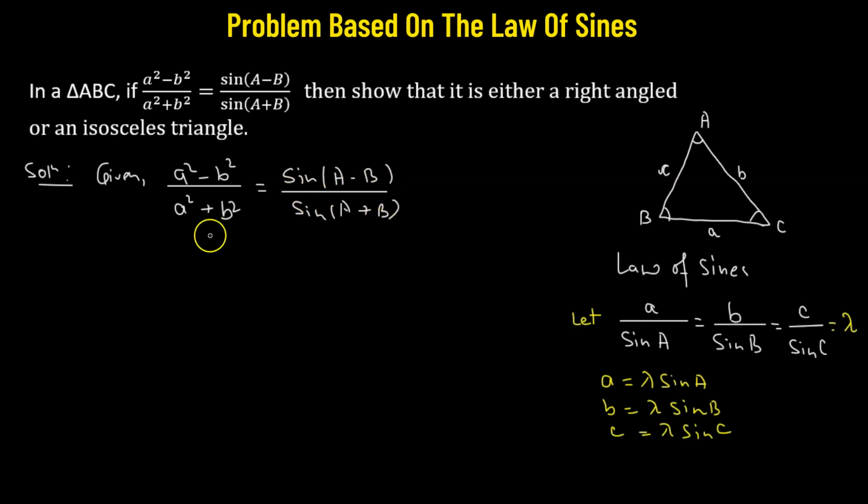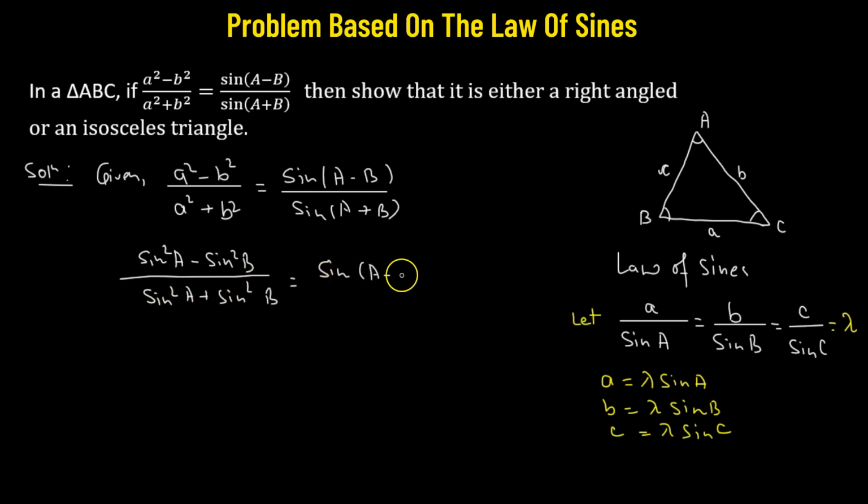So we'll substitute a with lambda times sine A and b with lambda times sine B. That is going to give us (sine squared A minus sine squared B) divided by (sine squared A plus sine squared B). And on the right hand side, we have the ratio sine of (A minus B) divided by sine of (A plus B).